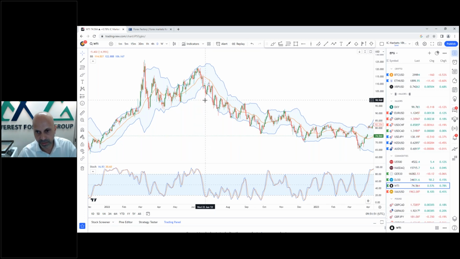So we can see here on the 23rd of June, price did bottom, and then on the 24th it bounced higher as well.